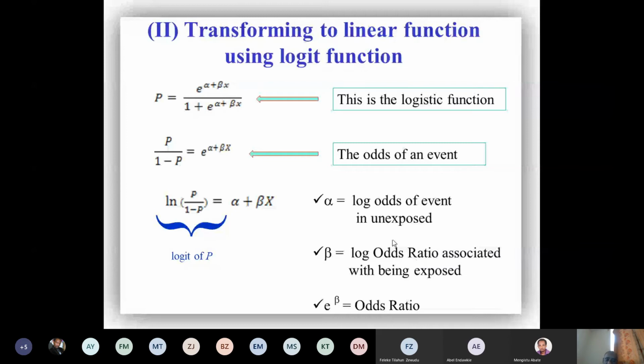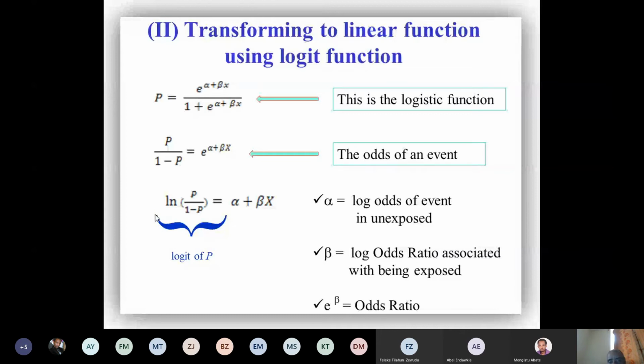That's why e to the power of beta is the odds ratio. This is a parameter which is easy to interpret.